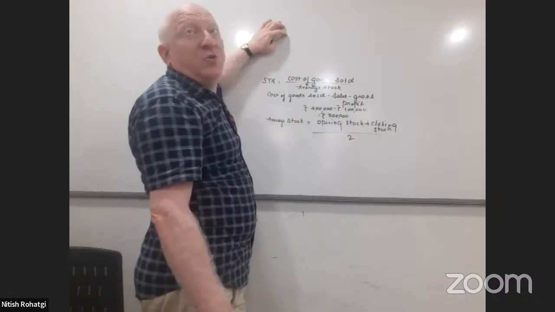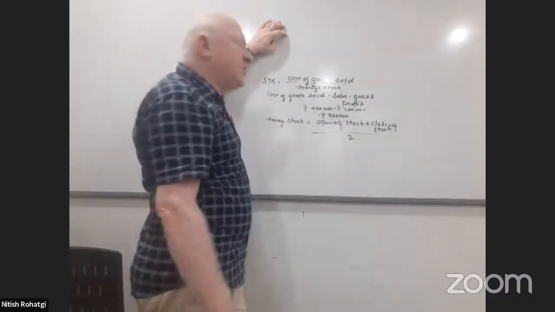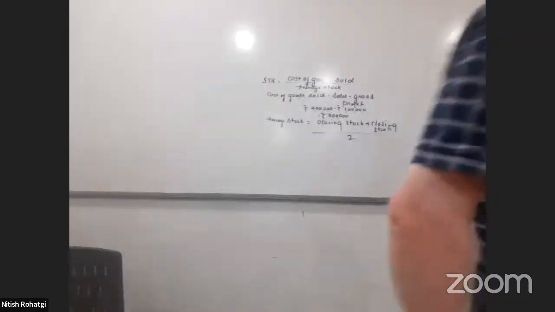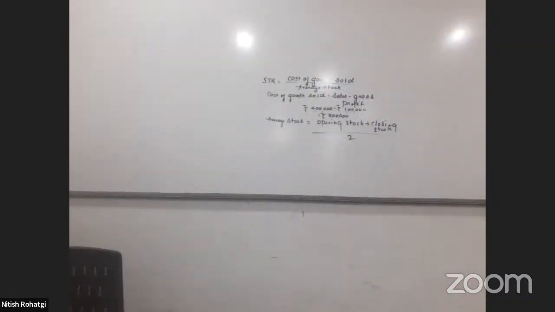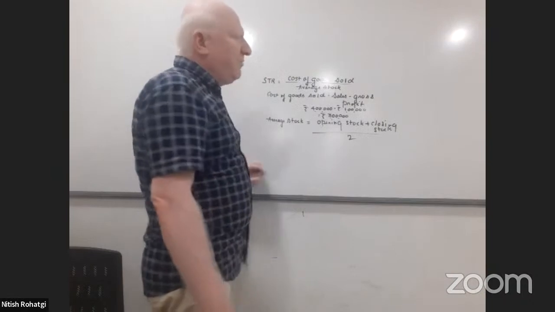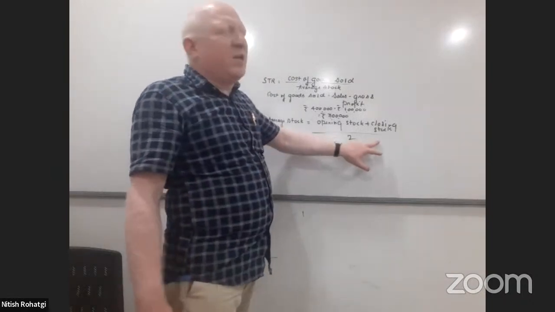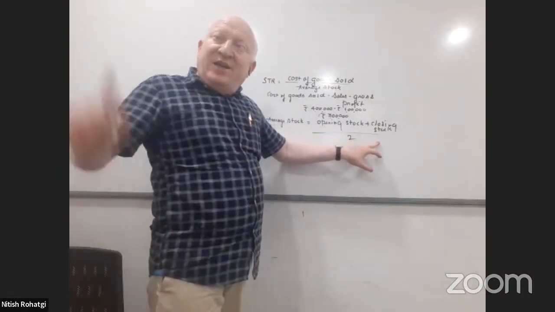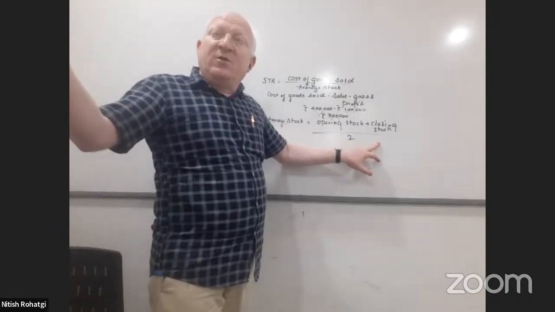Now, what is opening stock? Opening stock you need to calculate. Closing stock is given, 1,20,000. And the question says this closing stock is rupees 40,000 more than the opening stock. So if closing stock is rupees 1,20,000, it is in excess by 40,000.